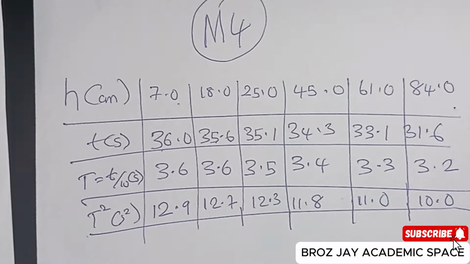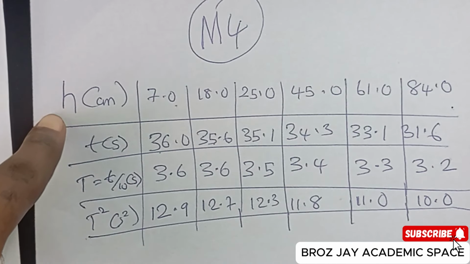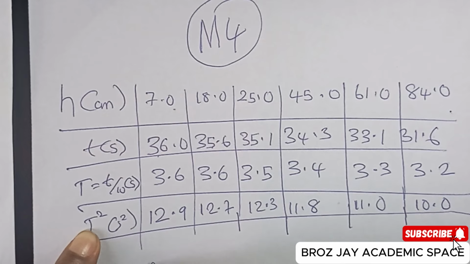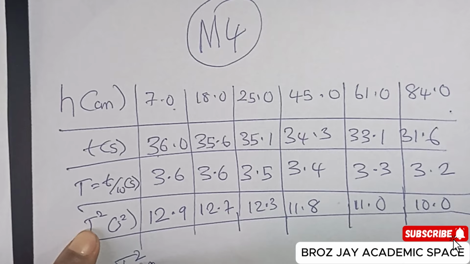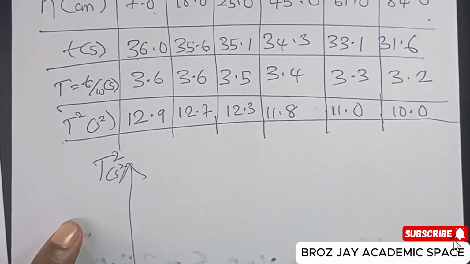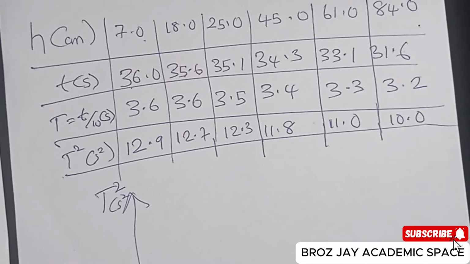So the next thing asked here is to plot a graph of t square against h. Now you have gotten the values for t square, and h was already given to you. So you plot a graph of t square on the vertical axis, and your h on the horizontal axis. We should determine the intercept on the t square axis.